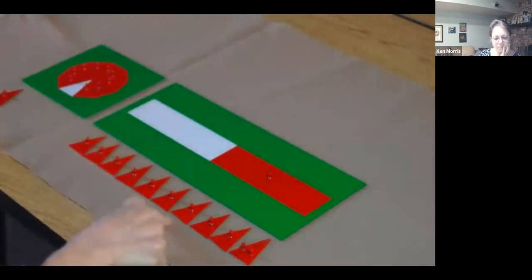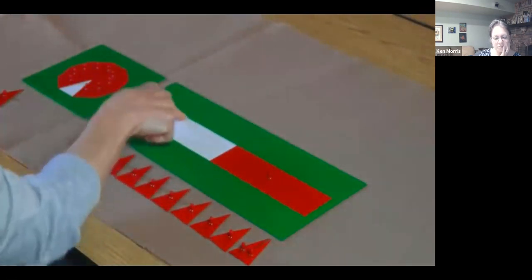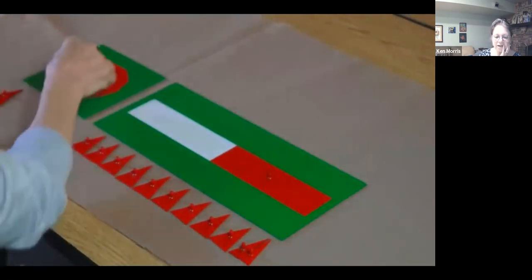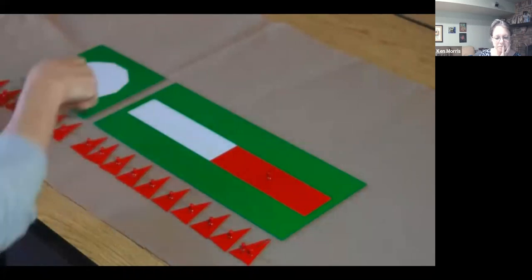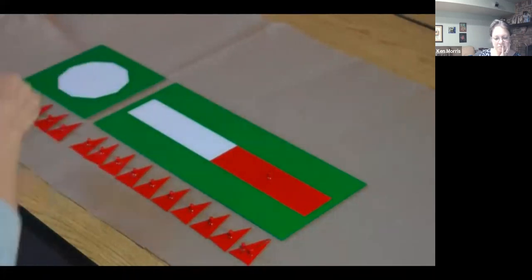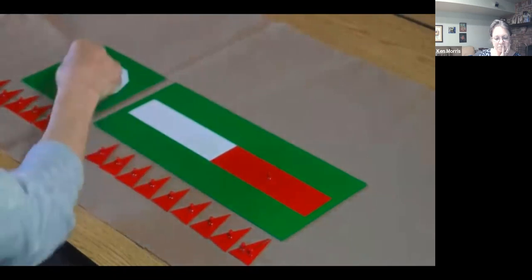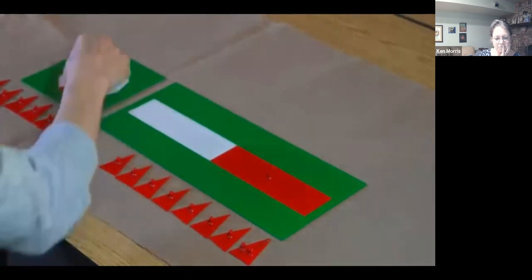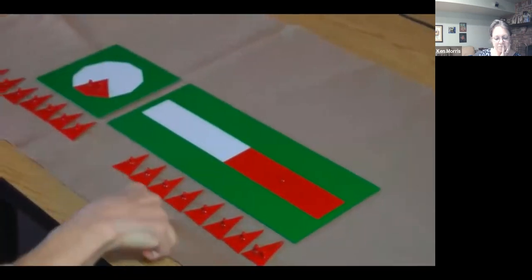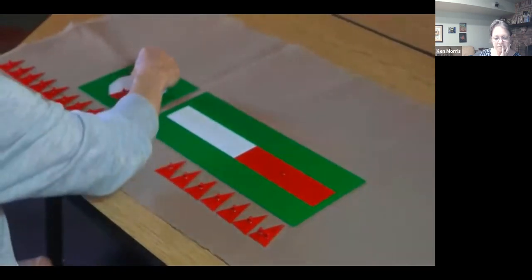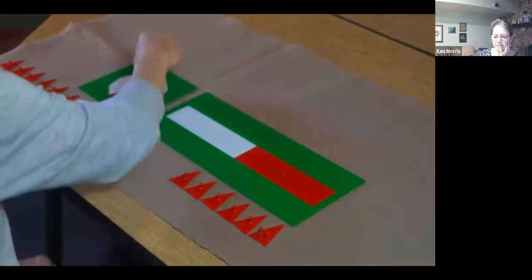So these are all the pieces that made up this rectangle. Oh, I guess she's going to show it now. And here are the 10 triangles that made up this decagon. I'm taking the pieces from the rectangle.